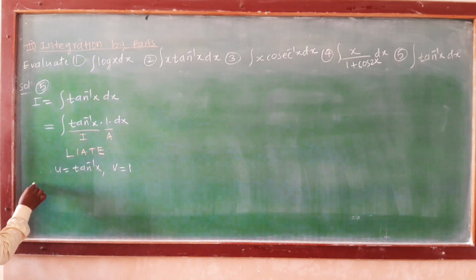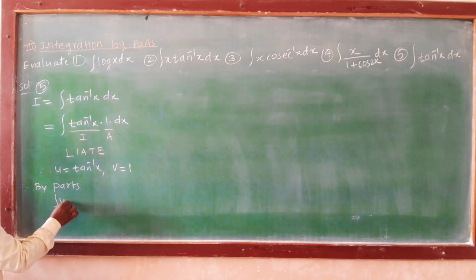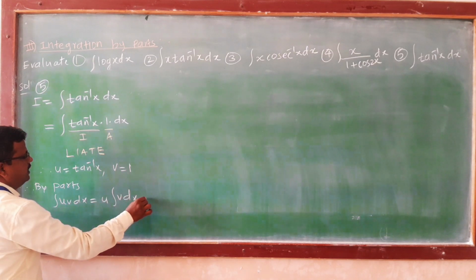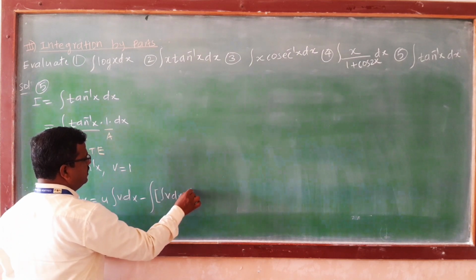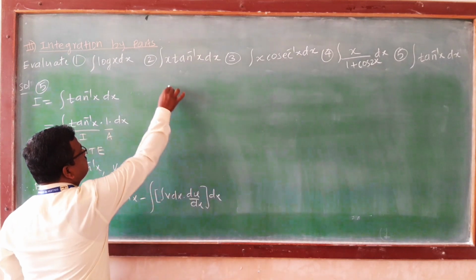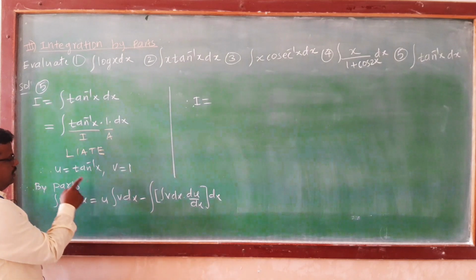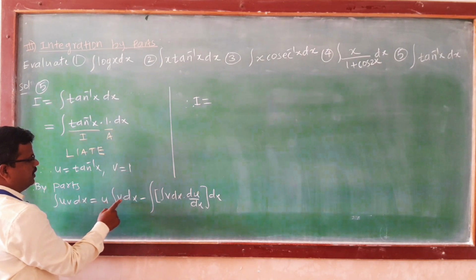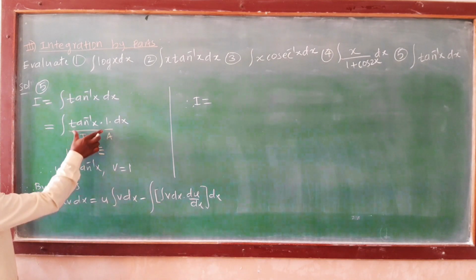Therefore by parts, integration of u v dx is equal to u integration of v dx minus integration of integration of v dx into du by dx with respect to x. Therefore I is equal to, now u is tan inverse x, v is equal to 1, put values of u and v in this formula to find integration of u v.